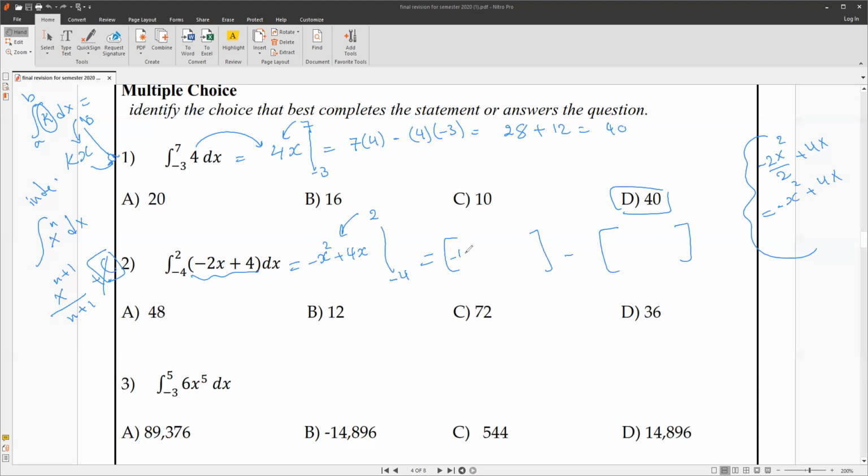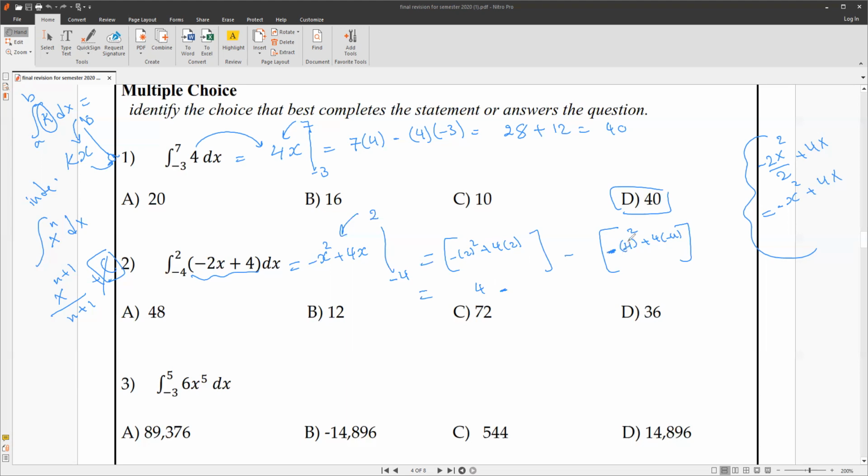It will be -2 squared plus 4 multiplied by 2. Here it will be -4 squared plus 4 multiplied by -4. So what is the answer here? It will be -4 plus 8, it will be 4. You can find the answer by using that. Minus this one, it will be what?